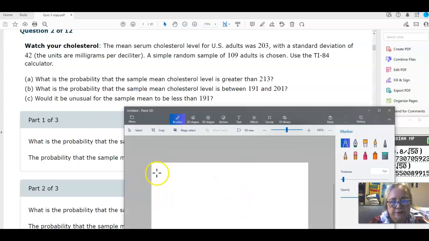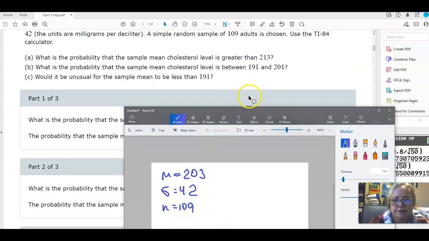The mean serum cholesterol for US adults, so this is the population because it's for US adults, mu equals 203, with the standard deviation sigma of 42. A simple random sample, n equals 109 adults. Use the TI-84 to answer the questions.